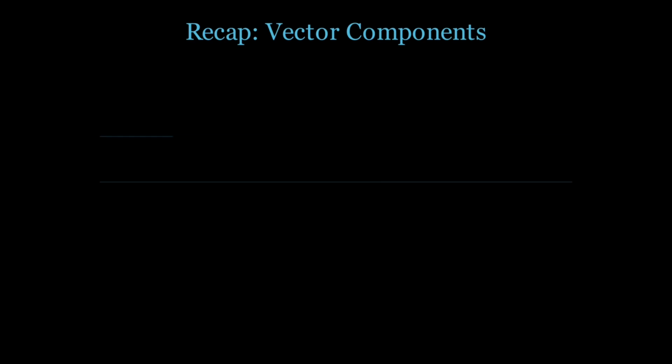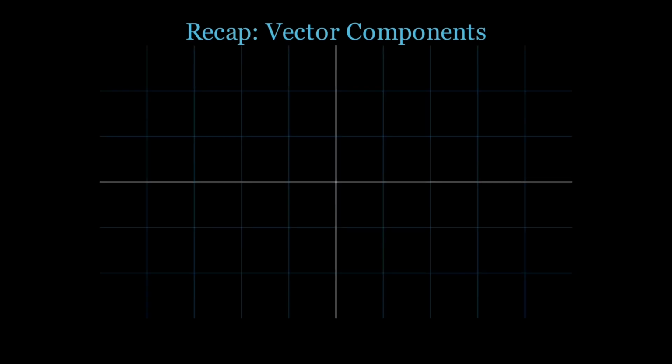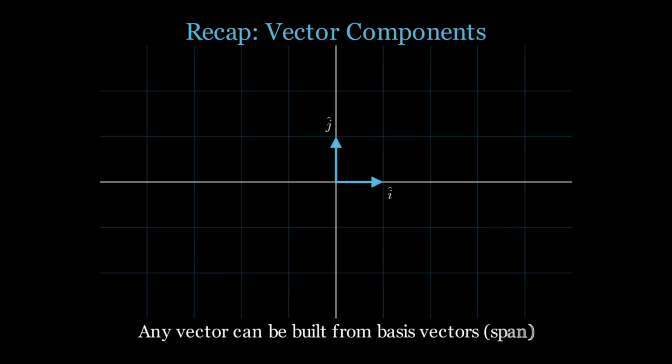Let's begin with a quick recap of what we already know. In a standard coordinate plane, we can describe any vector in terms of its components along two perpendicular directions, typically the x and y axis. These directions are captured by unit vectors i hat pointing right and j hat pointing upward.